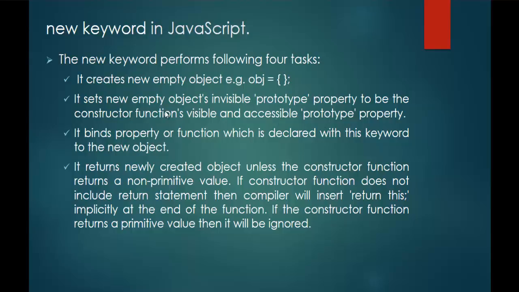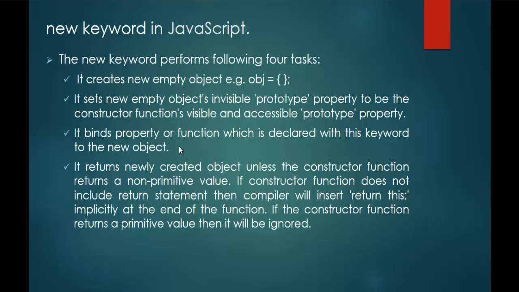What's happening in the second step is that this new empty object has a prototype property, but that property is invisible, and when we create the object, it becomes accessible to this constructor function. That's the meaning of this second sentence.